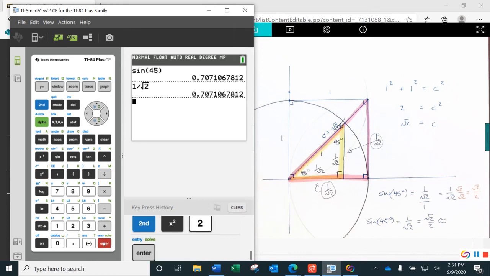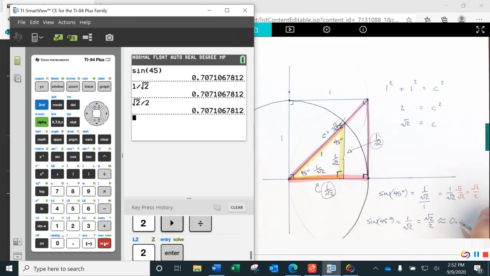Yes, it is. Is that equivalent to the square root of 2 divided by 2? Yeah, it looks good. So I'm going to write the decimal approximation 0.707. I have to round it somewhere. I'll round it right there.